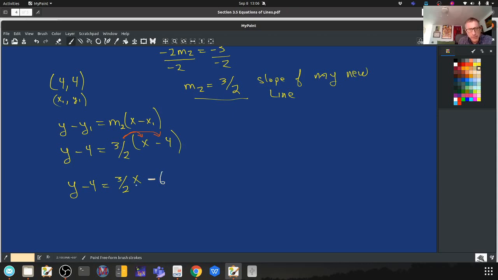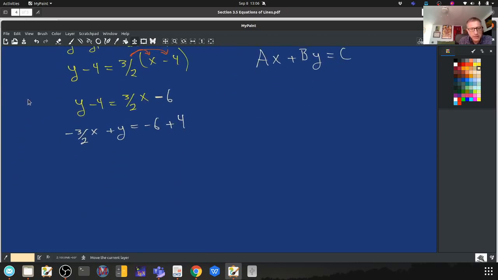So this is going to be really easy. I'm going to move my 3/2 x term over here. It becomes minus 3/2 x. The y is going to stay because remember we want an equation in the form ax plus by is equal to c. So the y stays, but the minus 4 term is going to come to the right hand side. It's going to change its sign and join our 6.